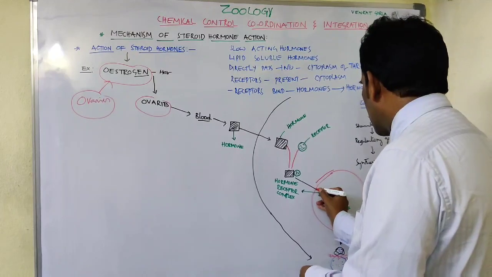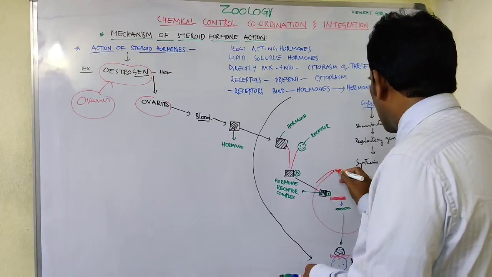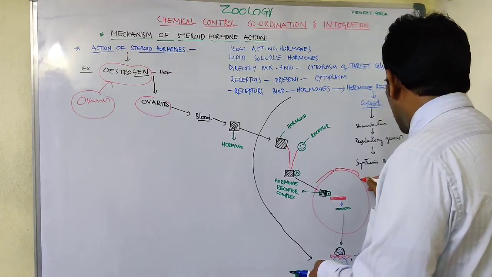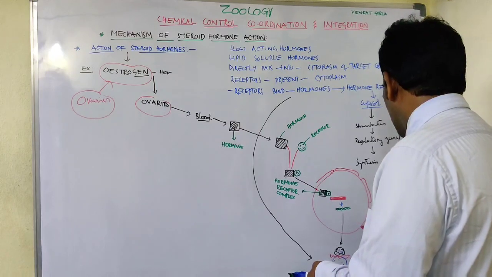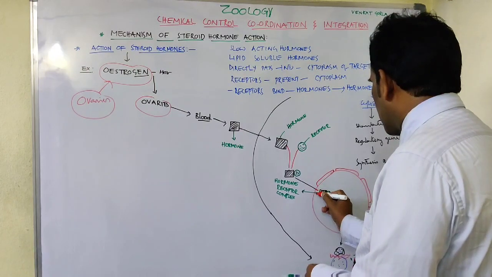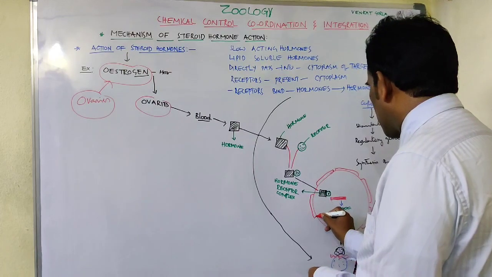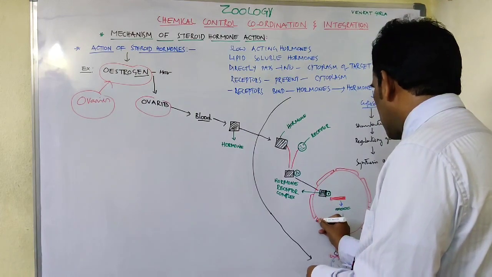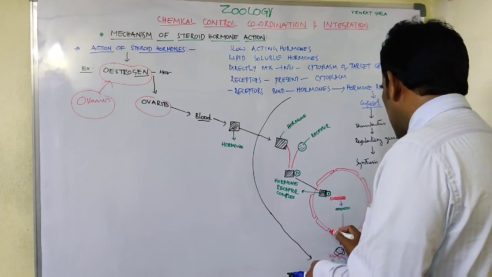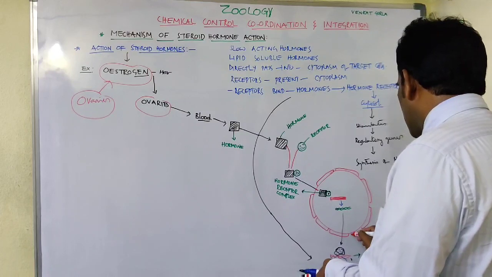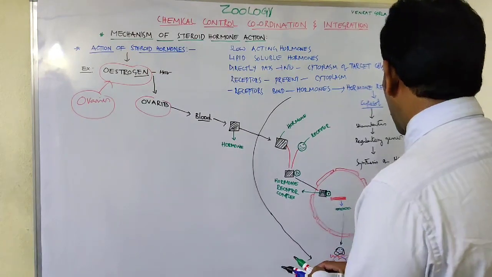The hormone receptor complex enters the nucleus. In the nucleus, the hormone receptor complex stimulates the regulatory gene to synthesize a new protein.